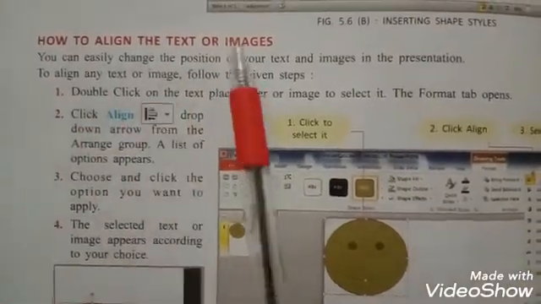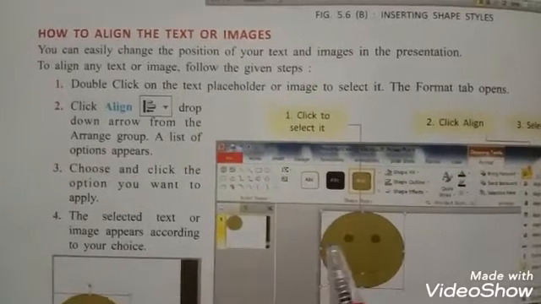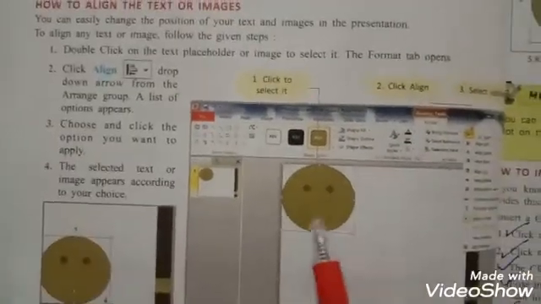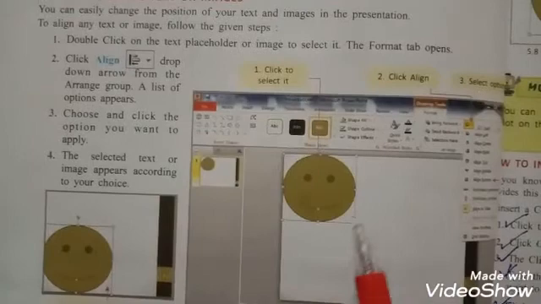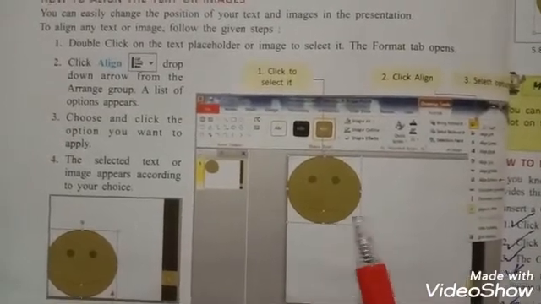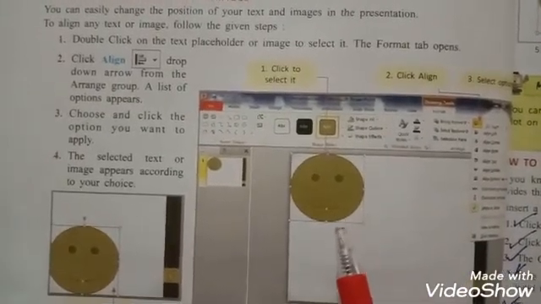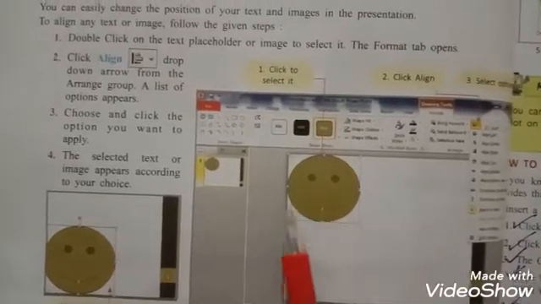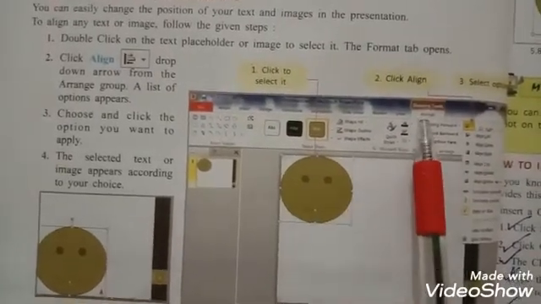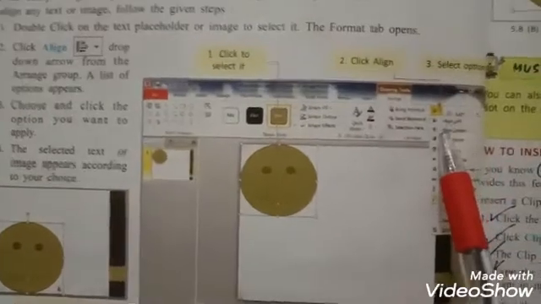How to align the text or images? Align means to change the position of your text and image in the presentation. To align any text or image, follow the given steps. First one is double click the image to select it. The Format tab opens. Click Align.